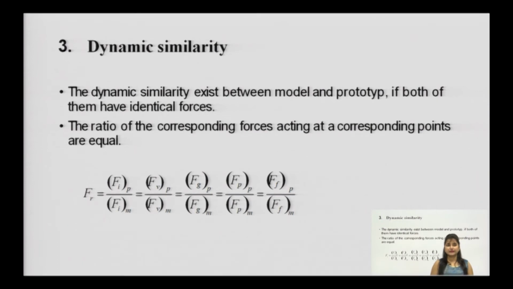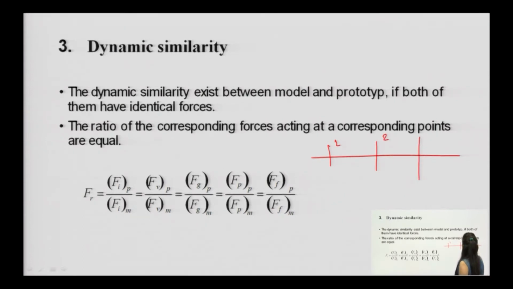Coming to dynamic similarity, dynamic similarity is seen if their forces are identical, or the ratio of corresponding forces acting at corresponding points. In the same example, let us mark this as point 1, this as point 2, this as point 3.